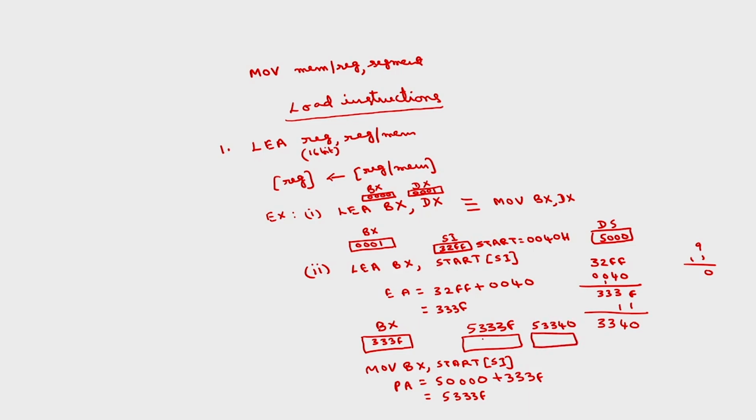If the contents of the first is FF and the contents of the next is EE, then after the execution, BX will be loaded with the contents of the physical address. It will read a word: from 5333F it will load into the lower order register, and EE will be loaded into the higher order register. Now, I think you understand the difference between MOV BX comma start SI and LEA BX comma start SI.